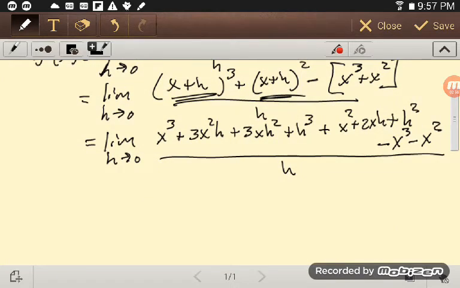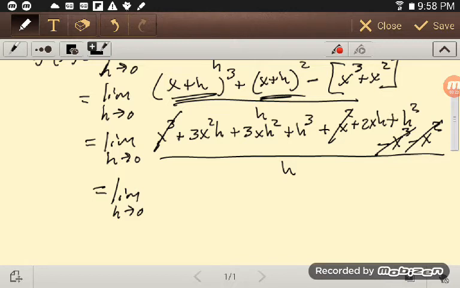So again, nicely, what will typically happen, especially with these powers, polynomial type things, you know, there's an x cubed, there's a minus x cubed, there's an x squared, there's a minus x squared, everything else on top has an h in it. And so this is the limit as h goes to 0. Now, what do I have in the way of any like terms? None. Okay, nothing looks alike.